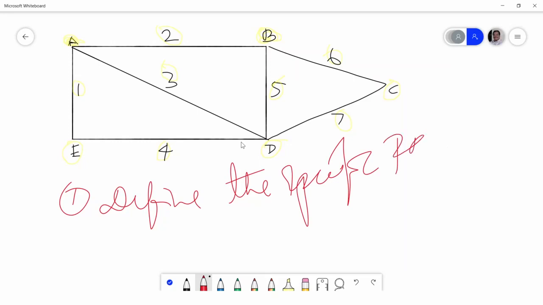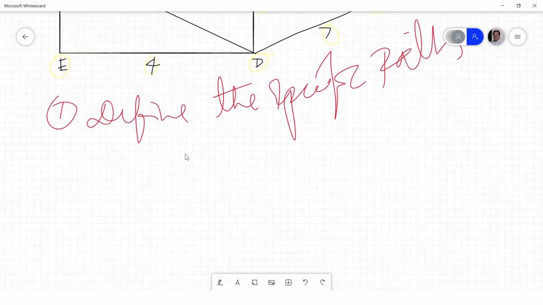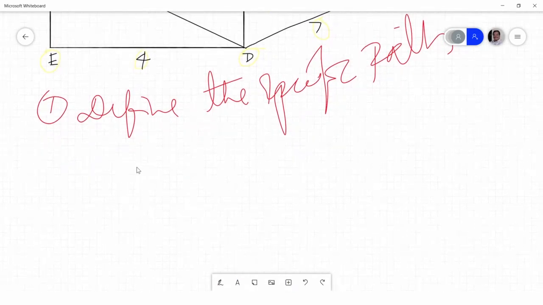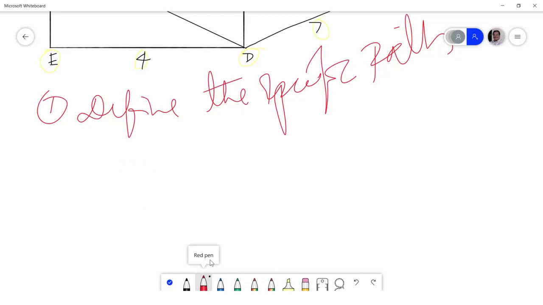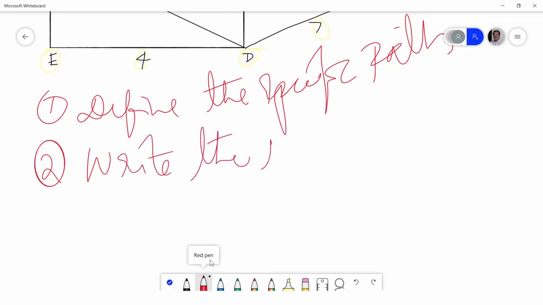The second point is you have to write the path between two nodes, say x comma y.